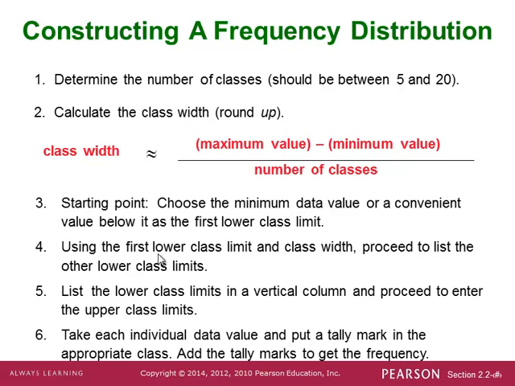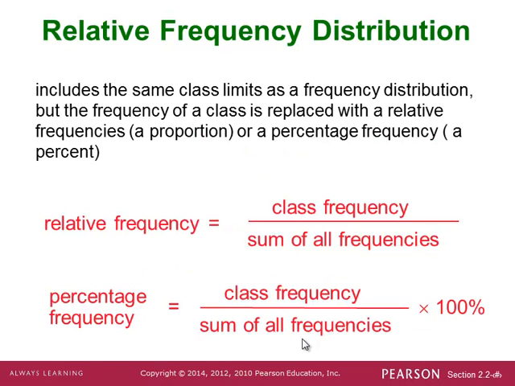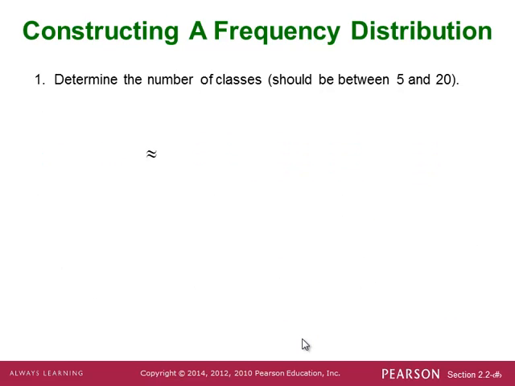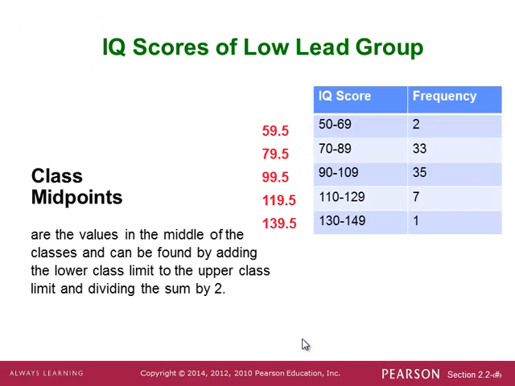And then once you've decided what all your classes are, you can go through your data set. This is really useful when you have your data set sorted from smallest to largest, and you can easily count the number of data values in each class. So that's what we're seeing right here.